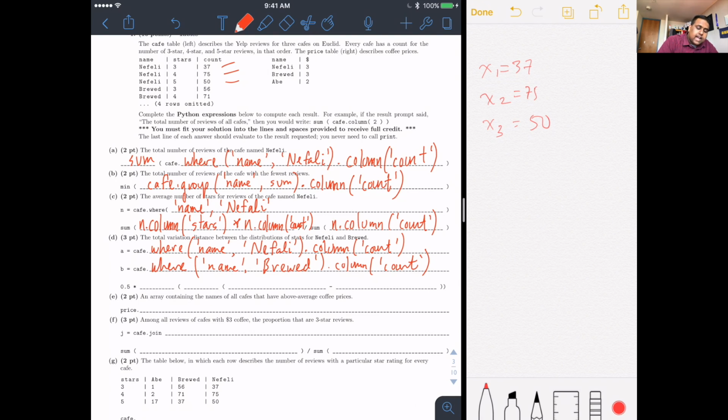So instead of x1 being 37, we want it to be 37 over, I believe, 162, which is the sum of 37, 75, and 50. Instead of x2 being 75, we want 75 over 162. And similarly, we want 50 over 162. These are the proportions of 3-star, 4-star, and 5-star values, or in other words, the distribution of 3, 4, and 5-star reviews for each of the restaurants. And we would do the same thing for the Brood values as well.